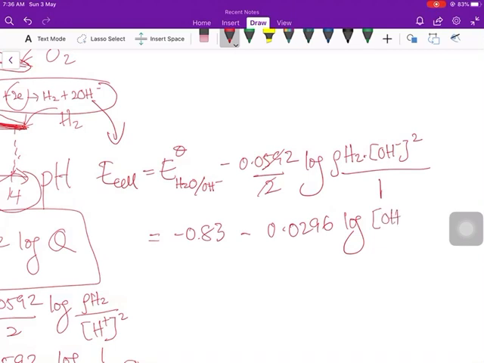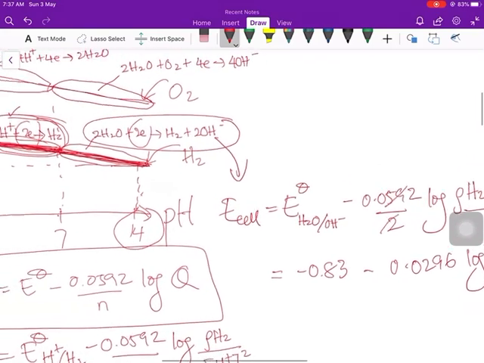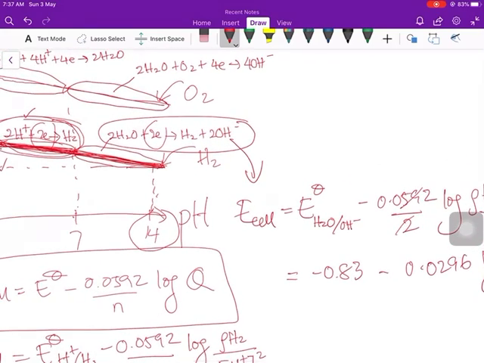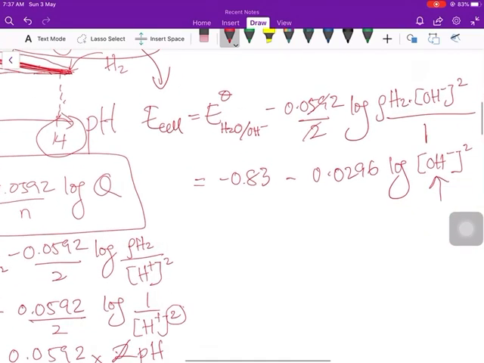So what is the value of hydroxide at that point? Squared. You just add it in and you will get the same value at this point.